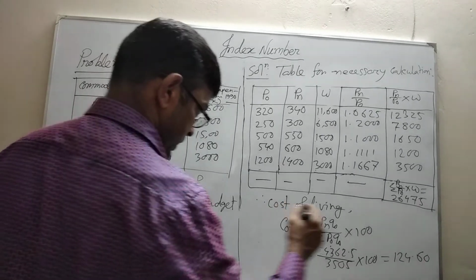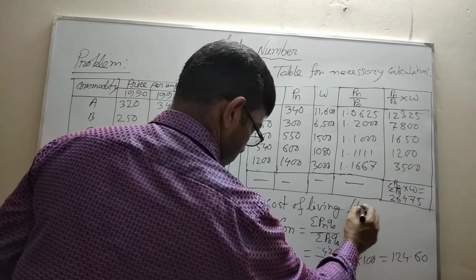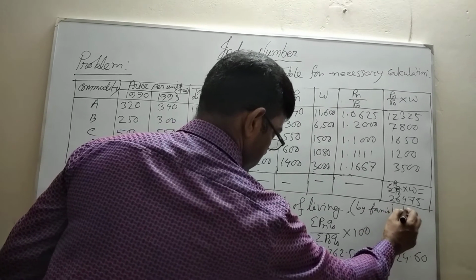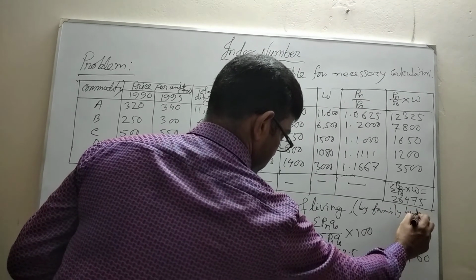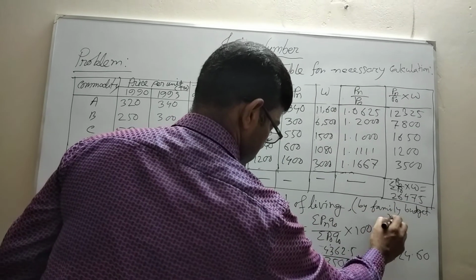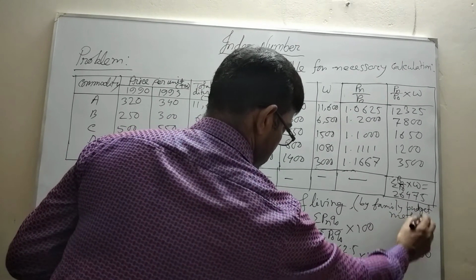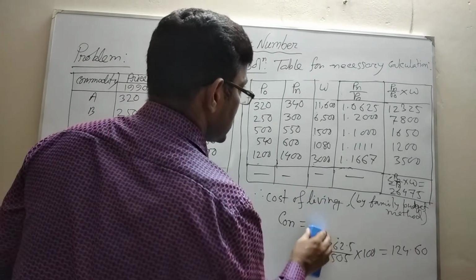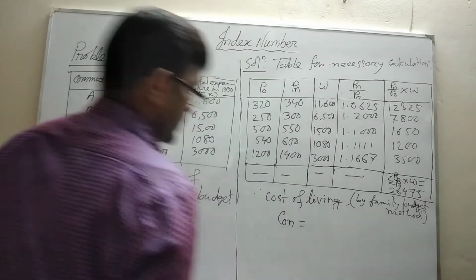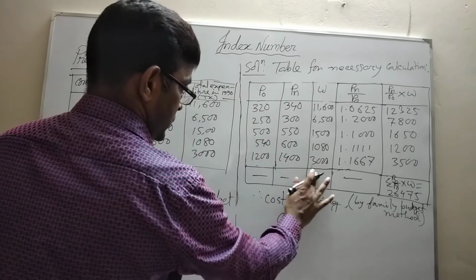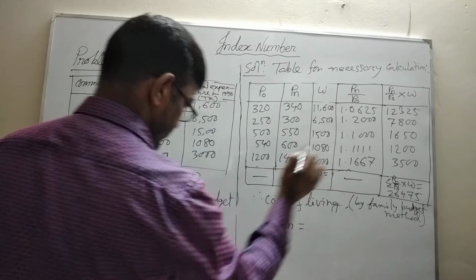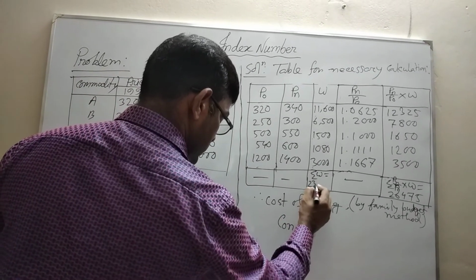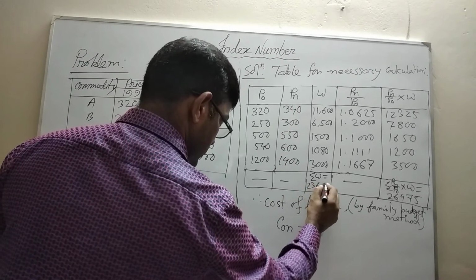By the family budget method, the formula: the sum total of W equals 23680.